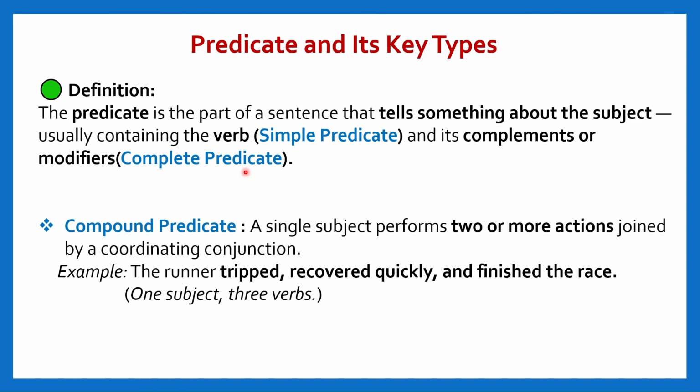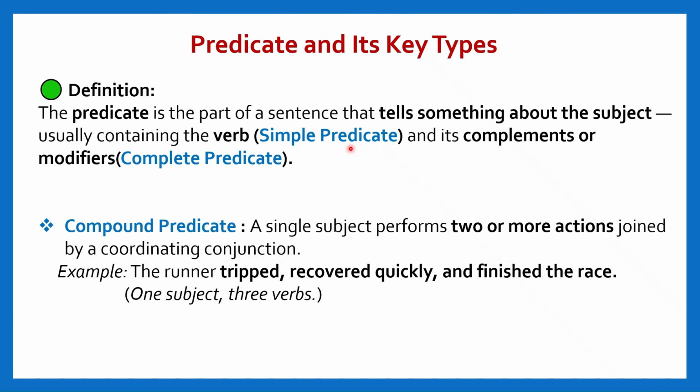Okay, when we talk about the structure of predicates, we often mention two common terms, that is simple predicate and complete predicate. Now, simple predicate is just the main verb or the verb phrase that shows the action or the state of the subject. For example, the girl laughed. Here, laughed is the simple predicate, only the verb.